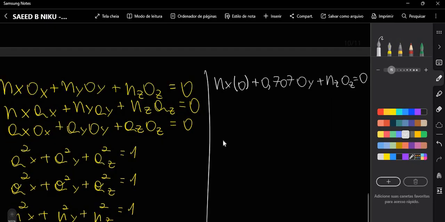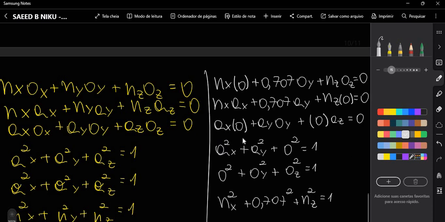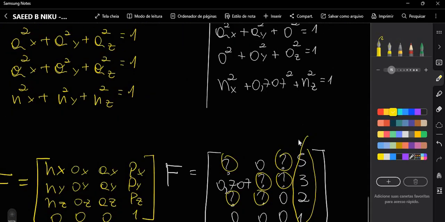And we repeat this process for these other equations. Okay, so we are left with the following. And now this is being multiplied by 0. Right here 2, 0, 0.